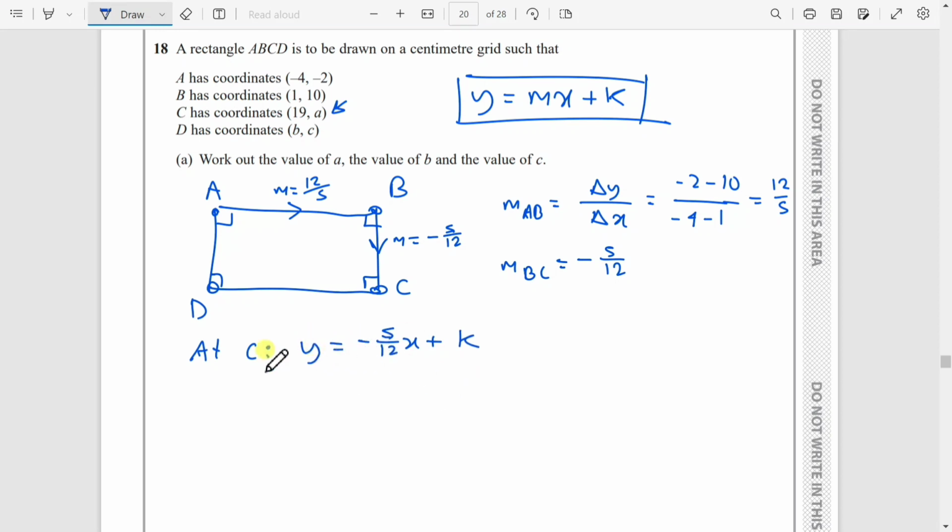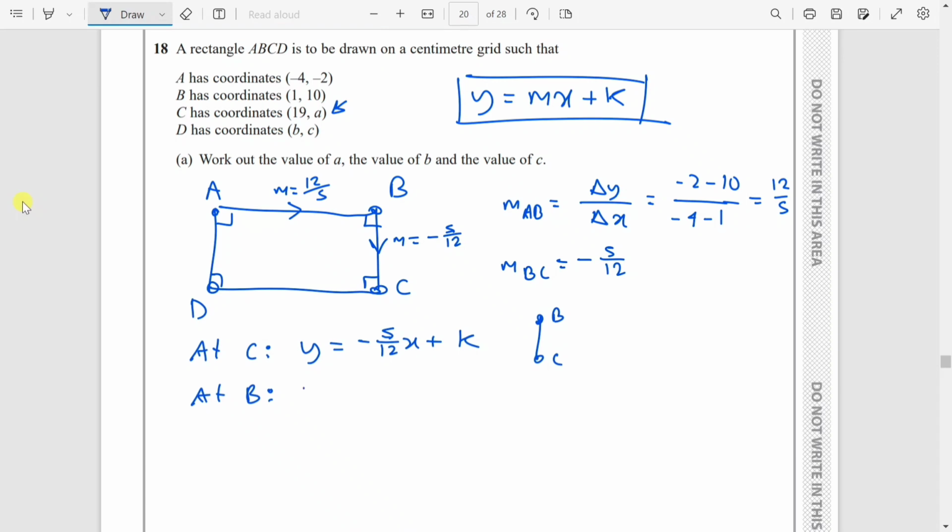At point C, you've got two lines connected, BC and DC. I'm going to use BC because B actually has values. So using the line B to C, we're going to use the coordinates of B, where x is 1 and y is 10.